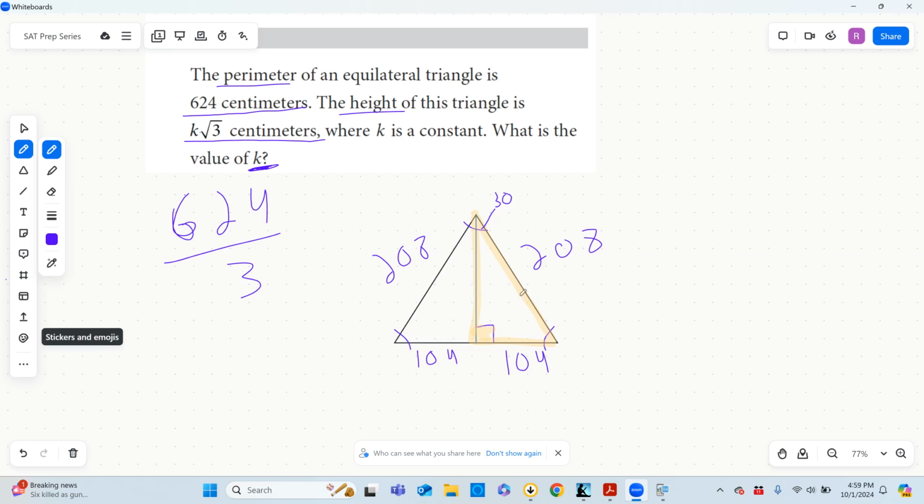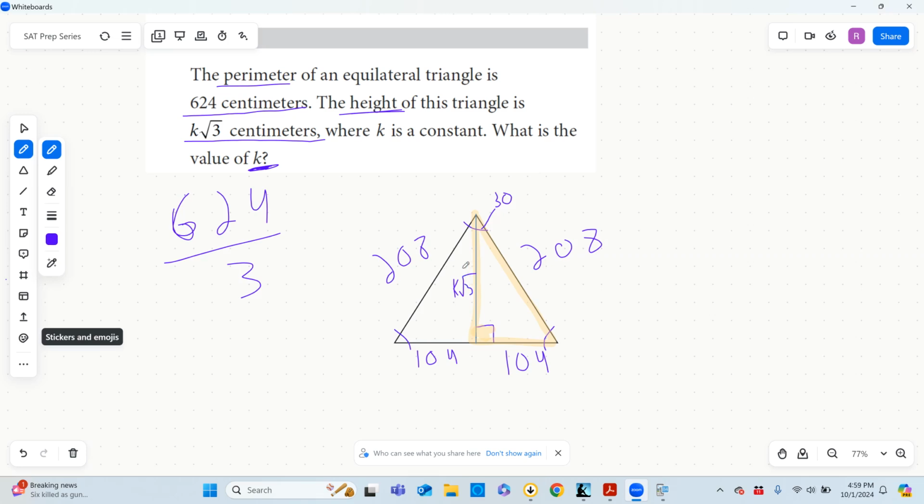And so now I'm going to be able to do some right angle math here, right? They told us that the height of the triangle is k radical 3. So let me try and draw that in as neatly as I can. Here's k radical 3.